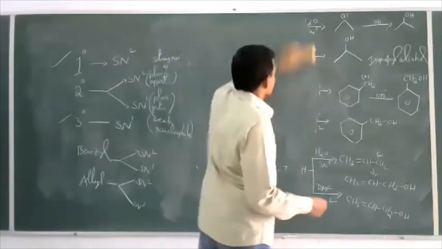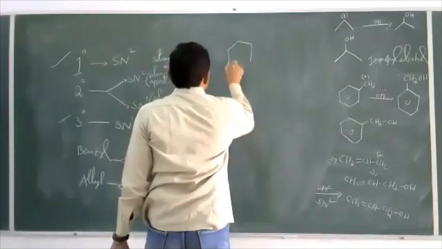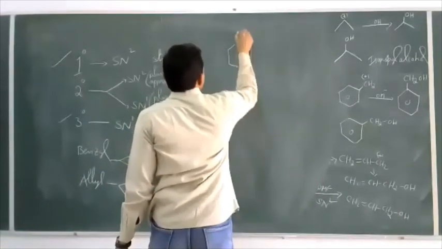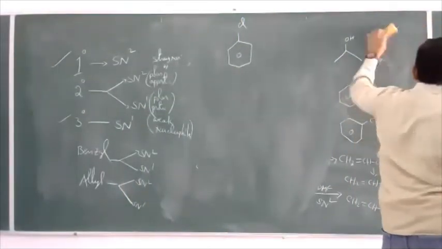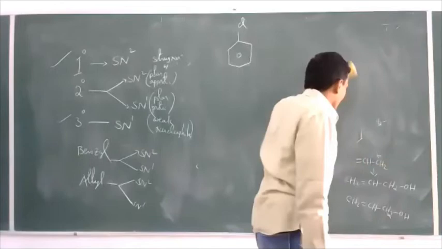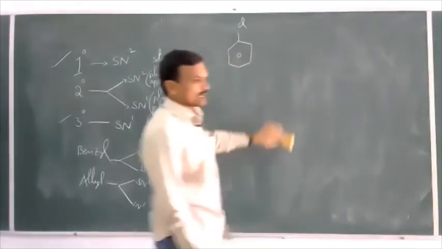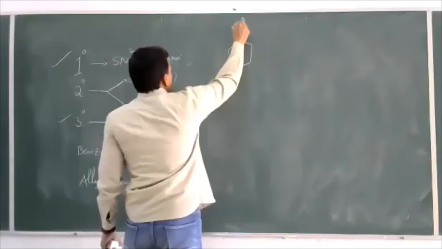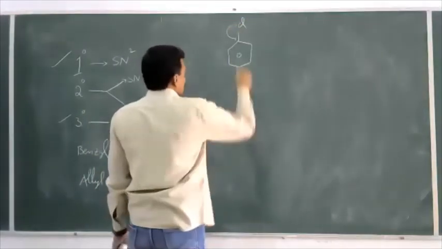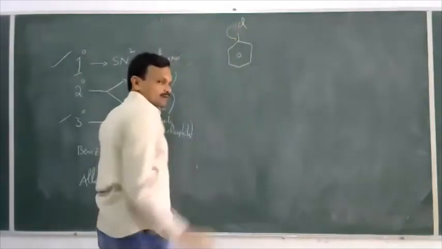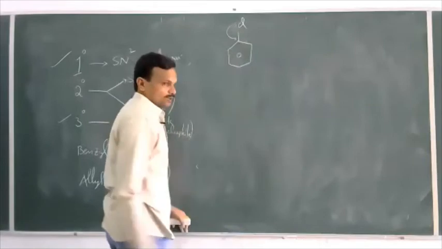Haloarenes I'll take here. Haloarenes undergo which type of nucleophilic substitution reactions? Cl. As we discussed, in haloarenes the C-X bond has a partial double bond character due to resonance effect. This Cl contains 3 lone pairs of electrons. By the donation of a lone pair of electrons, the C-Cl bond has partial double bond character. So it is difficult to break this C-Cl bond.